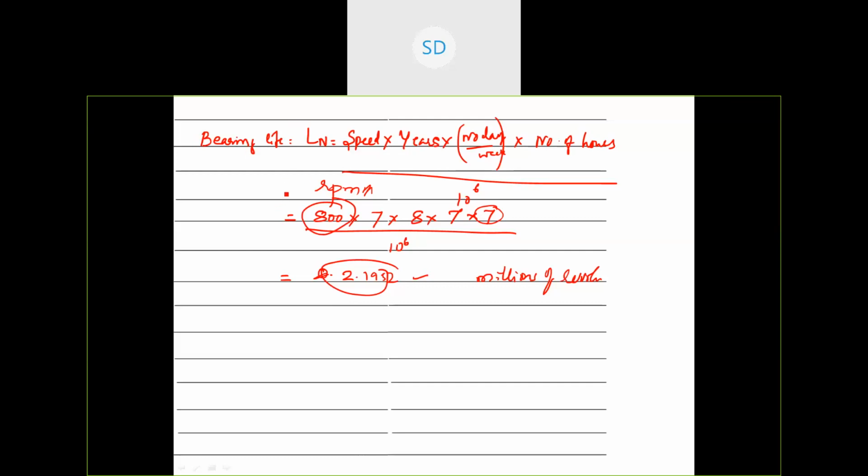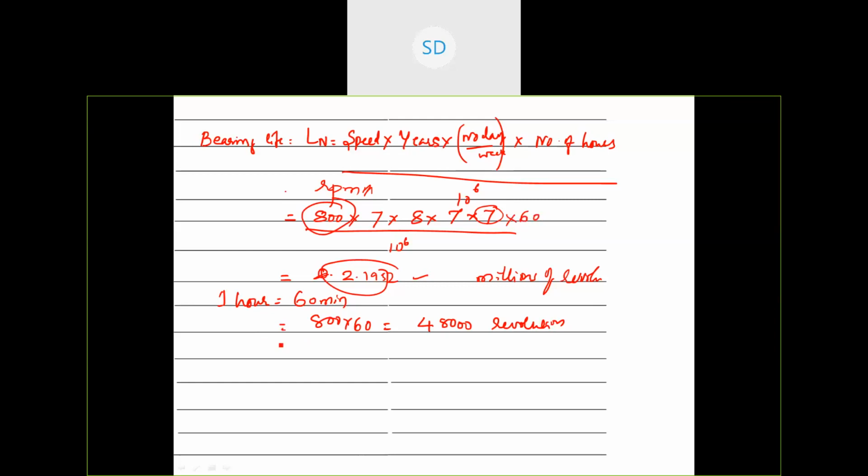Okay, I will clarify here. Now for 1 hour, how many minutes? It is 60 minutes, right? So now 800 into 60 is 48,000 revolutions. Clear? Now for 1 hour, it is going to rotate 48,000 revolutions. Then you need to multiply here by 60.